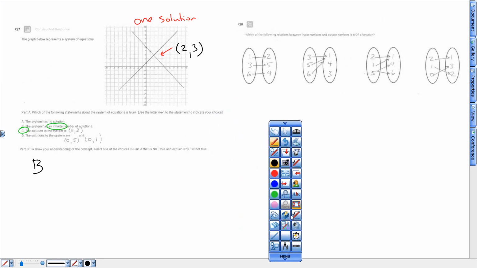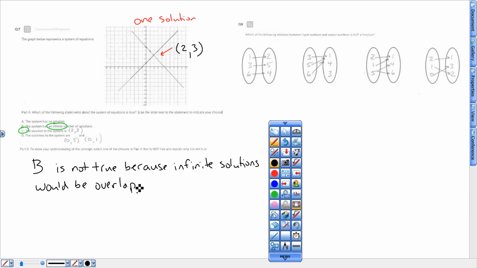It says, explain why it's not true. B is not true because infinite solutions would be overlapping lines or same lines. Then you could say A is wrong because A, no solution would be parallel lines.